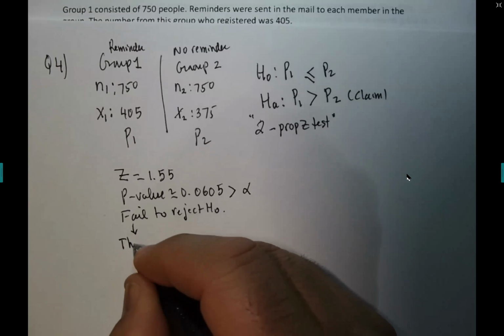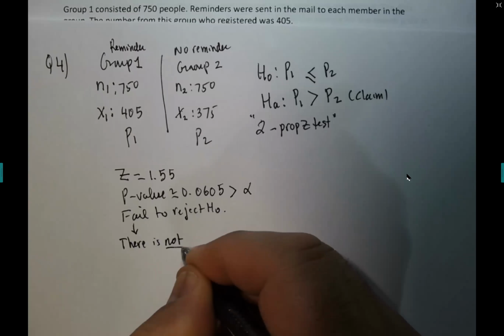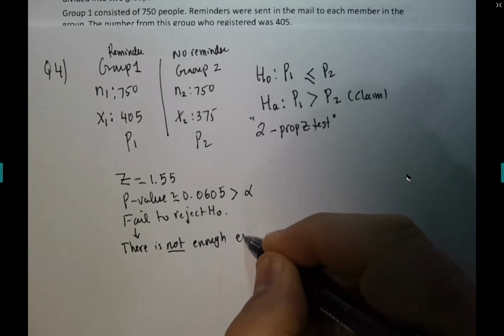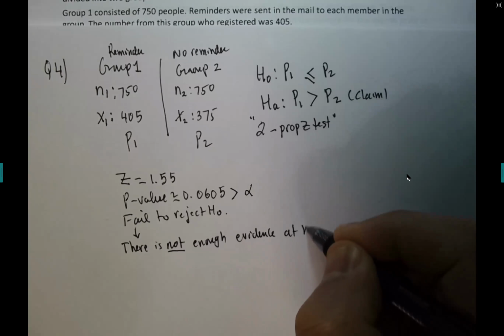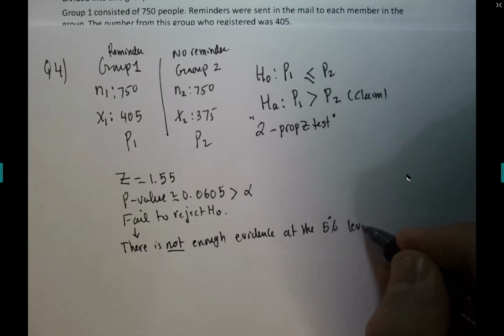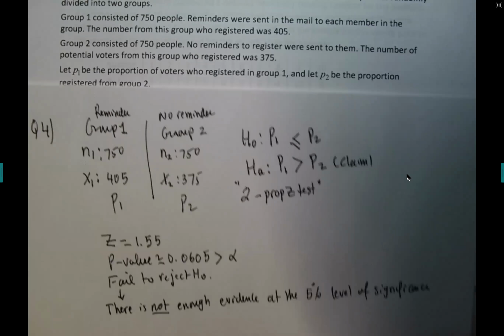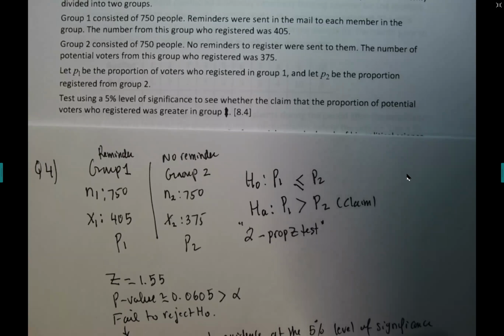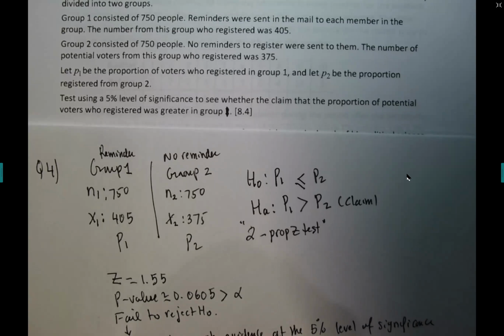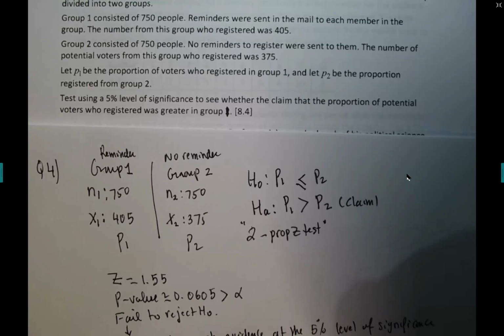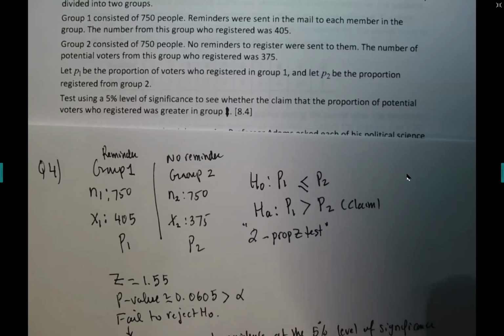Fail, you start with: there is not enough evidence at the 5% level of significance to support the claim that the proportion of potential voters was greater in group 1.